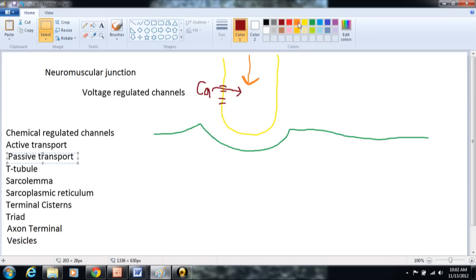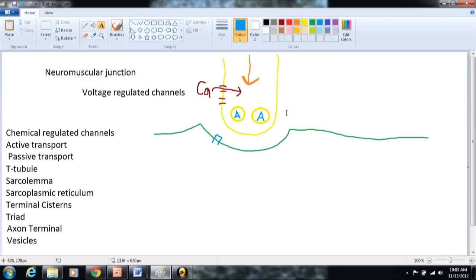Okay, once calcium is in the cell, we have vesicles. I'm going to draw two here, filled with a neurotransmitter called acetylcholine, ACH. I'm just going to put an A. That is acetylcholine. On the other side is our synaptic cleft, so this space here.